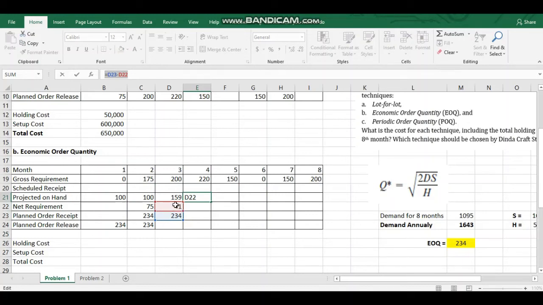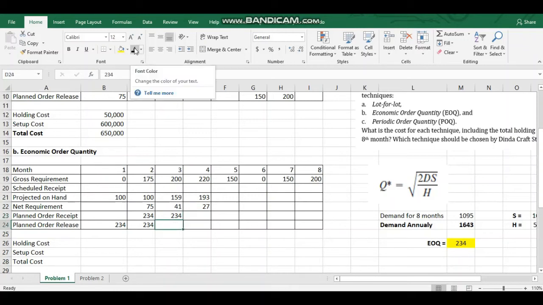And now to fulfill 220 units, we only have these units, okay? And so we have a net requirement as much as the difference, or the shortage. It means we have to place the order as much as the EOQ and it will arrive here.